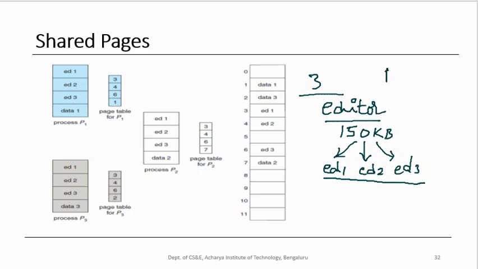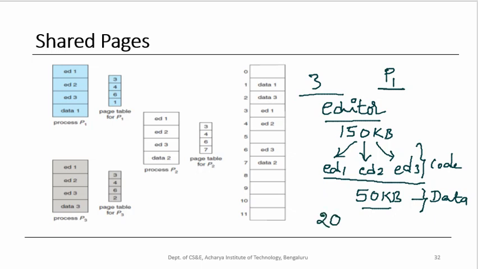A process, let's say P1, would need this editor code plus an additional 50 KB memory space for its data. It might need some data for its stack as well, but we have ignored that. So in a nutshell, a process might need 200 KB.